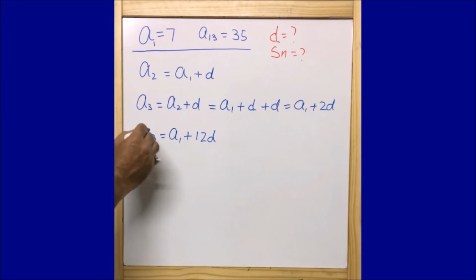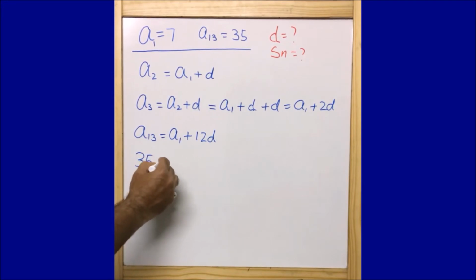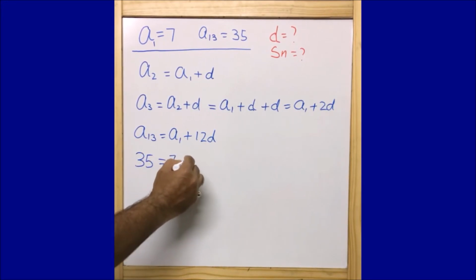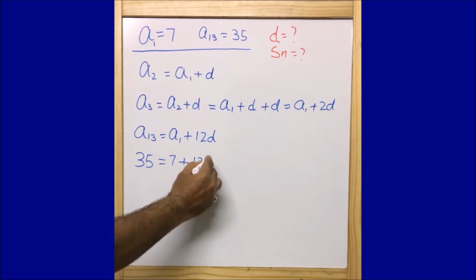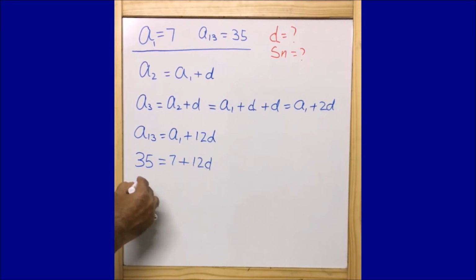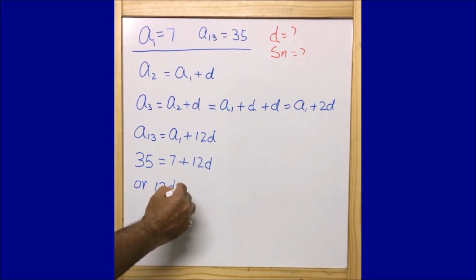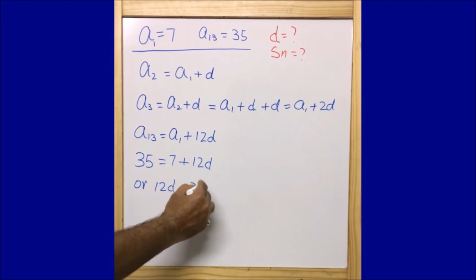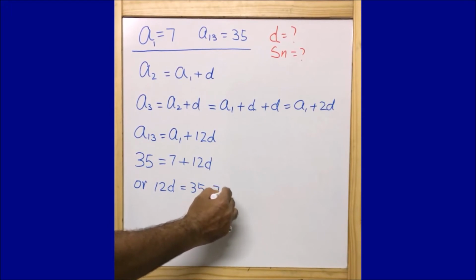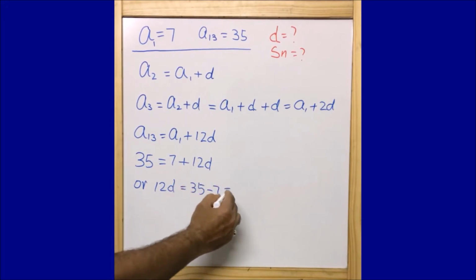Now replacing the values we have, A13 is 35 and A1 is 7 plus 12D, or I can write 12D is equal to 35 minus 7, that is equal to 28.